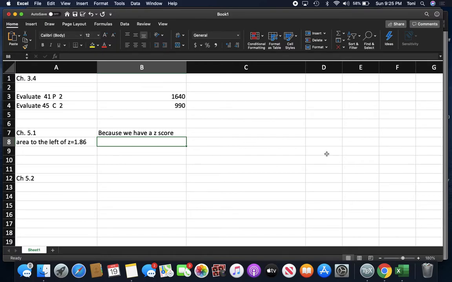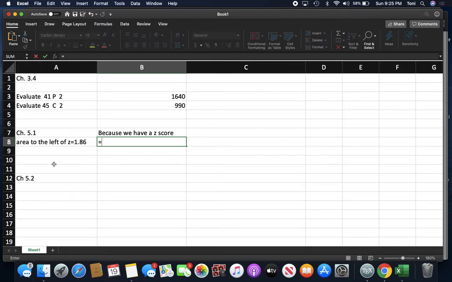So luckily for us, this first problem is exactly what we want, right? We want the area to the left of the z-score. And again, that's all that Excel can do for us. It's not built to do anything else, at least with this function. So it can only find areas to the left of z-scores.